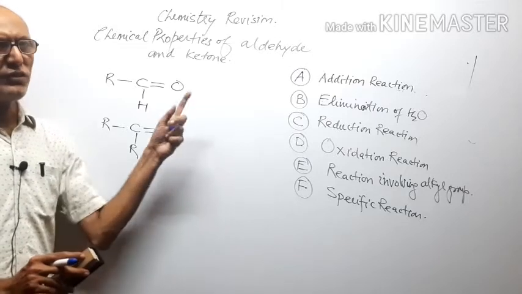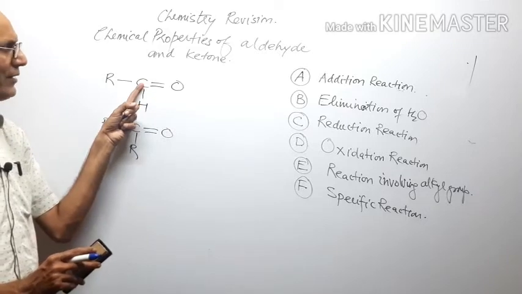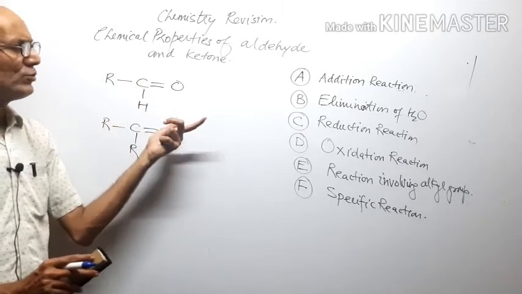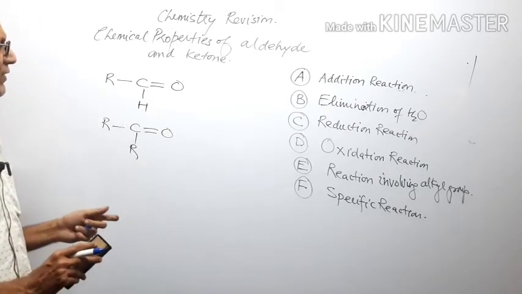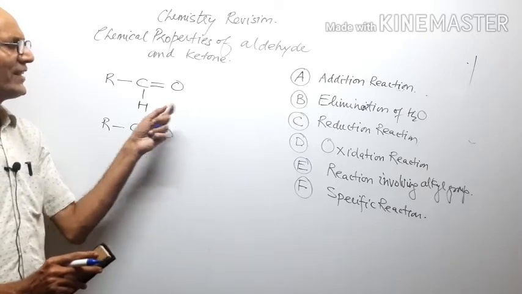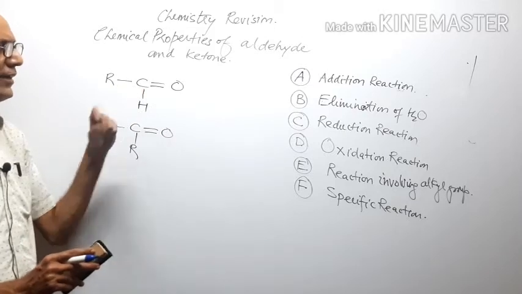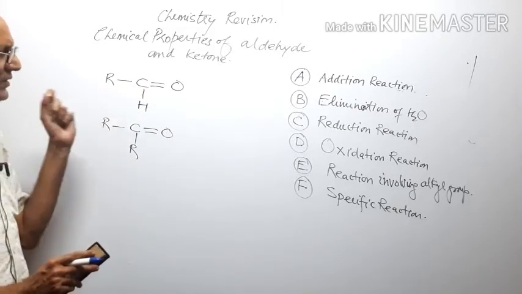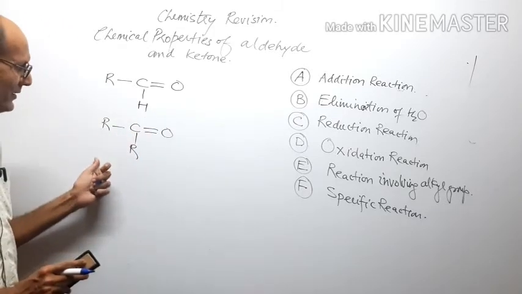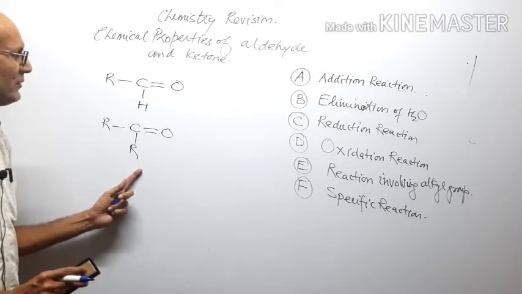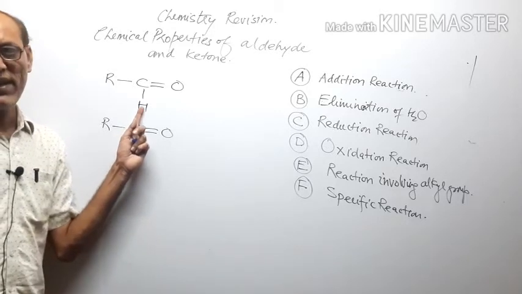That means the nucleophile will attack at this carbonyl carbon. If you want to do the reaction of any substance having a nucleophile, then addition will take place and that nucleophile will attack at the carbonyl carbon. Aldehyde shows the nucleophilic addition reaction faster than ketone because of the presence of one H atom at this carbon.